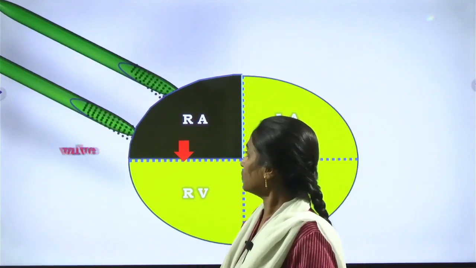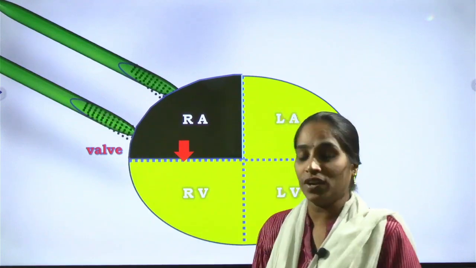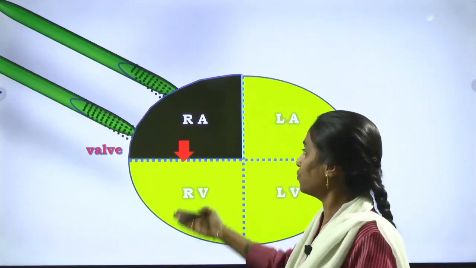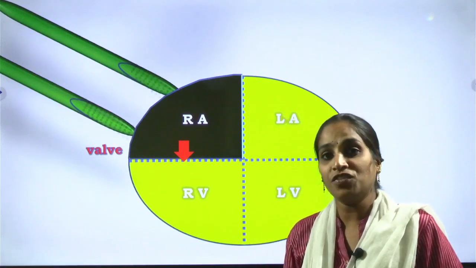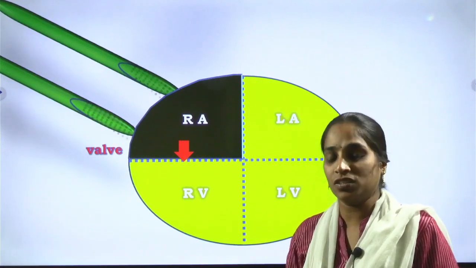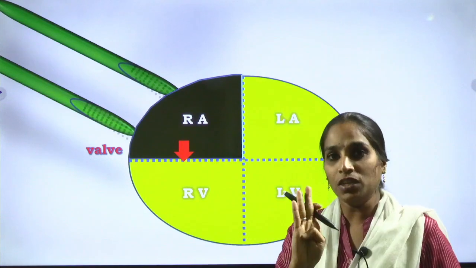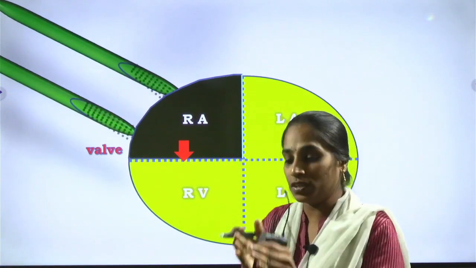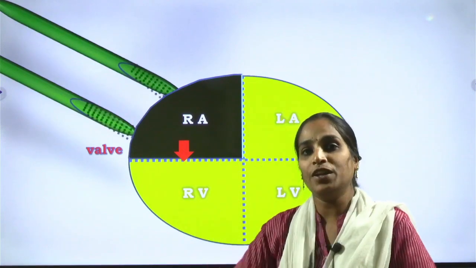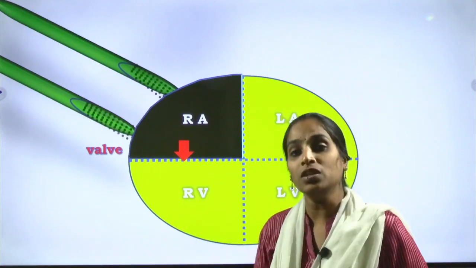Next, the valve is called the tricuspid valve. In between the right auricle and right ventricle, we can observe cuspid-like structures, flap-like structures. 3 flaps are present between the right auricle and ventricle, and they open and make the blood move from the auricle towards the ventricle.